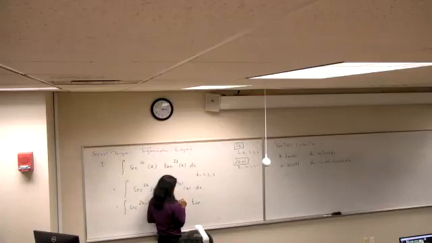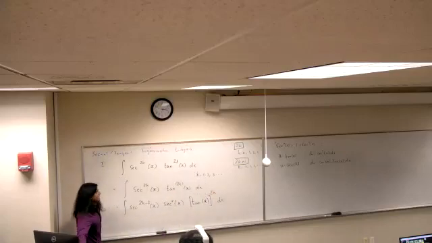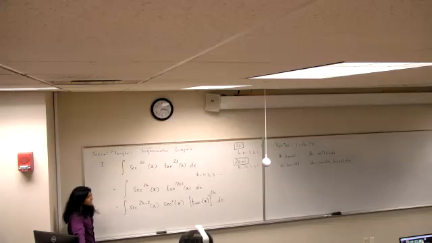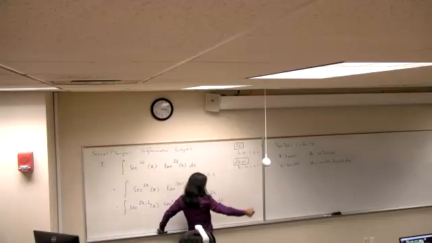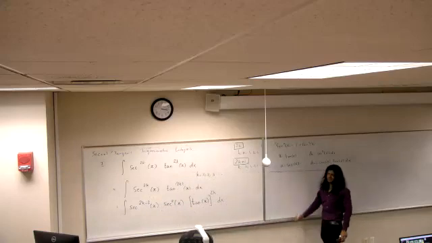I'm going to rewrite this as tangent x raised 2k dx. Good. What is our substitution here? Of the two, which one should you pick? u equals tangent x or u equals secant x?